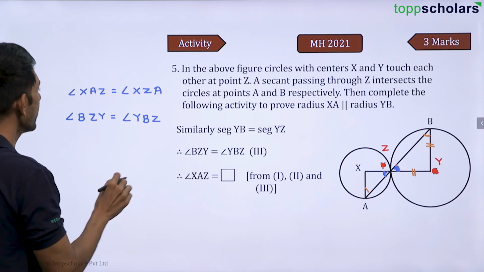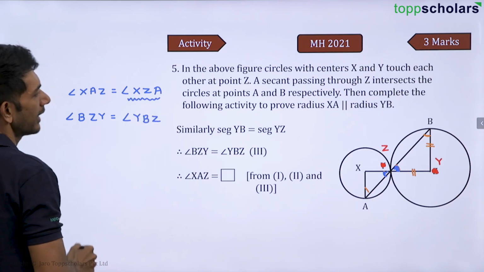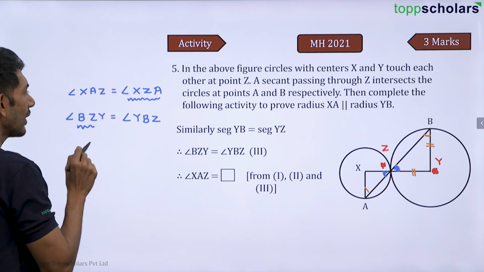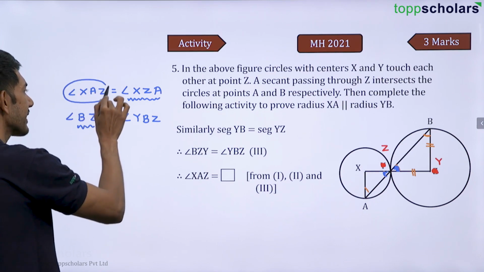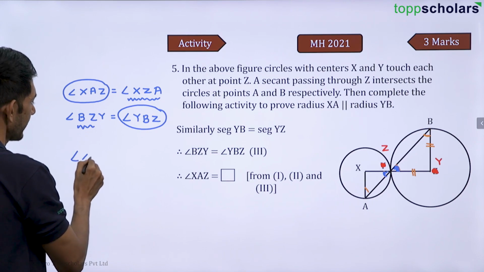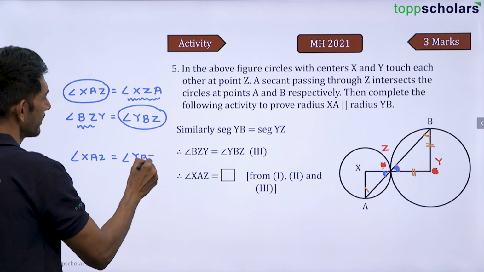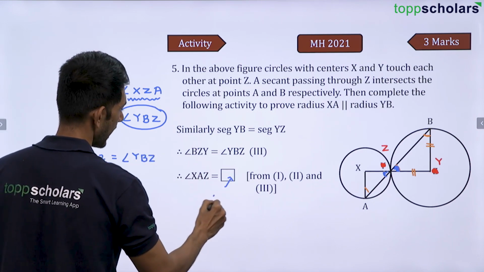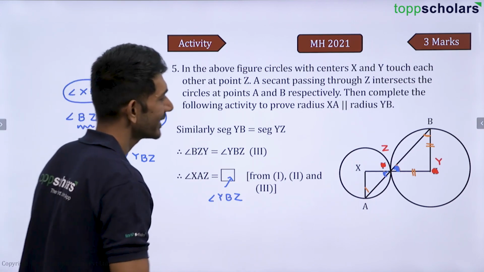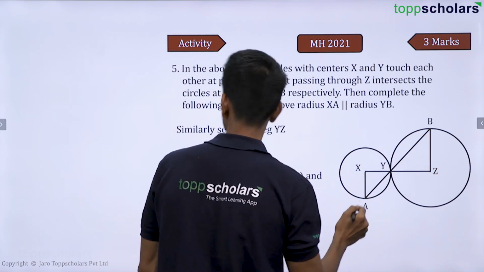That is XZA and BZY. These two angles are already equal. So now can I say that XAZ will be equal to YBZ? So this will become angle YBZ, correct?